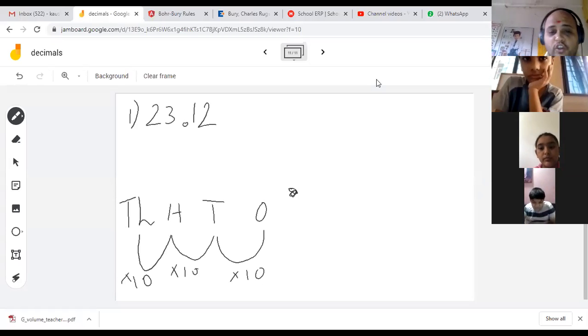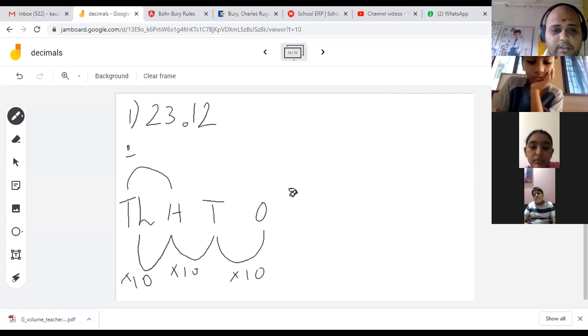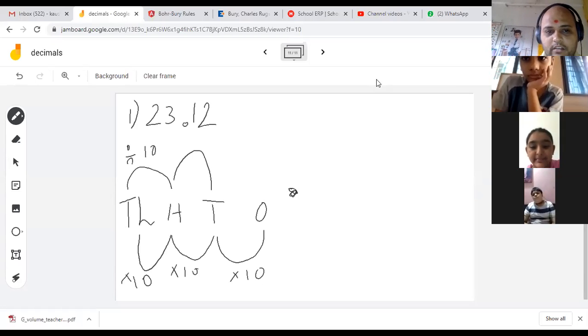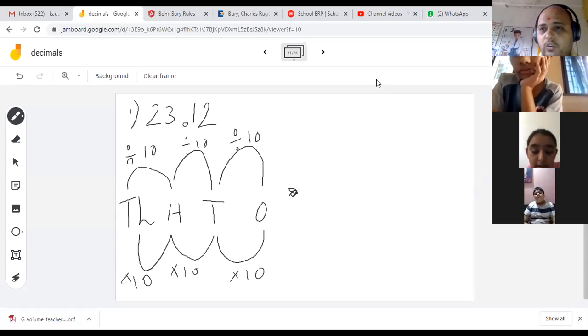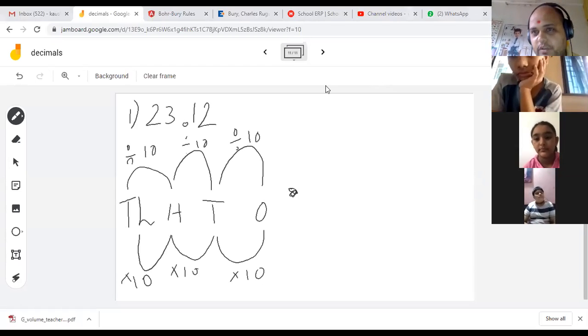If I go from 1000 to 100, this is division by 10. 100 to 10, division by 10. 10 to ones, it is division by 10. This is known to everyone. No need to write this one yet.